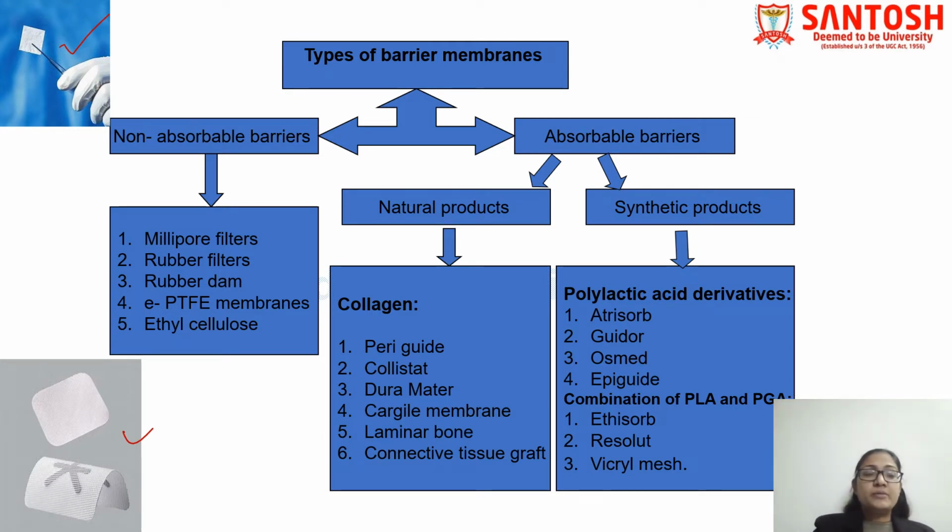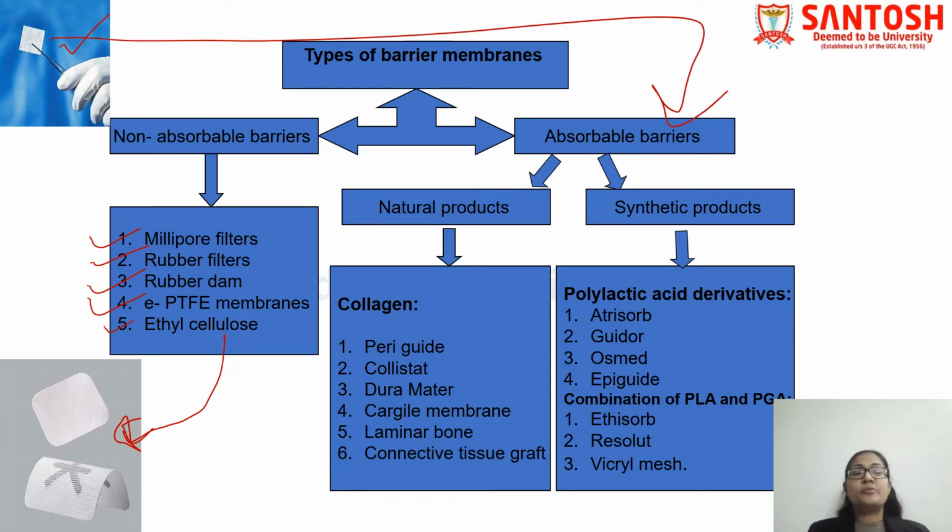Under non-absorbable barriers, you have your millipore filters, rubber dam, EPTFE, that is expanded polytetrafluoroethylene membranes, or your ethyl cellulose. Now this is how a non-resorbable barrier membrane looks like, and this is a resorbable barrier membrane. Resorbable could be either natural or synthetic.